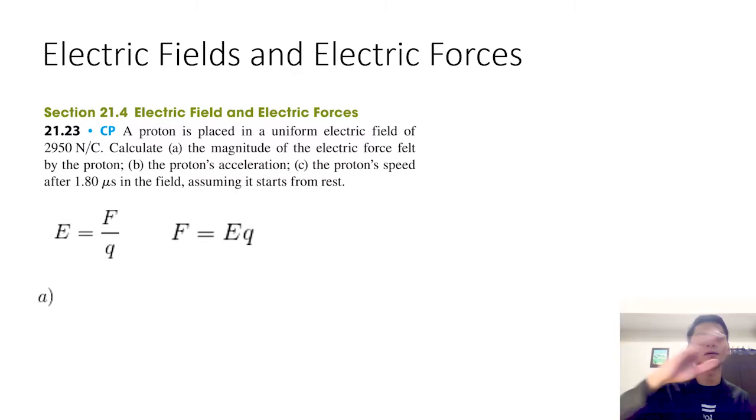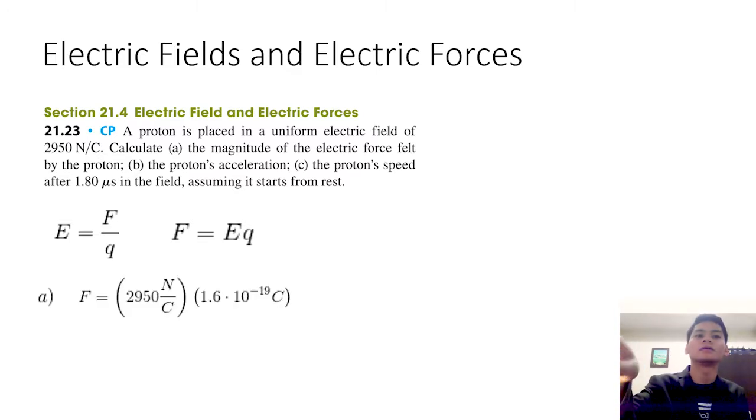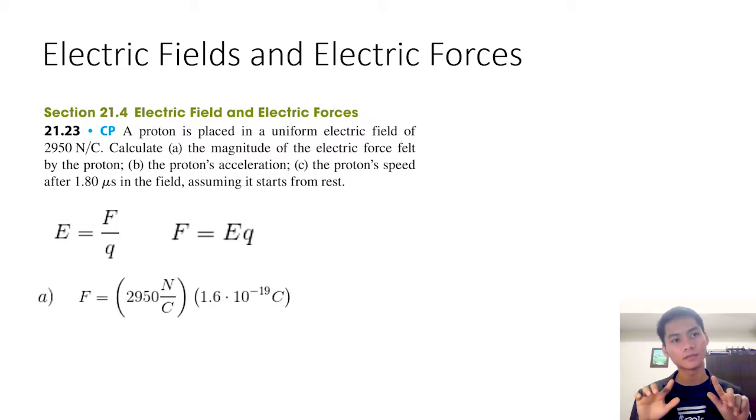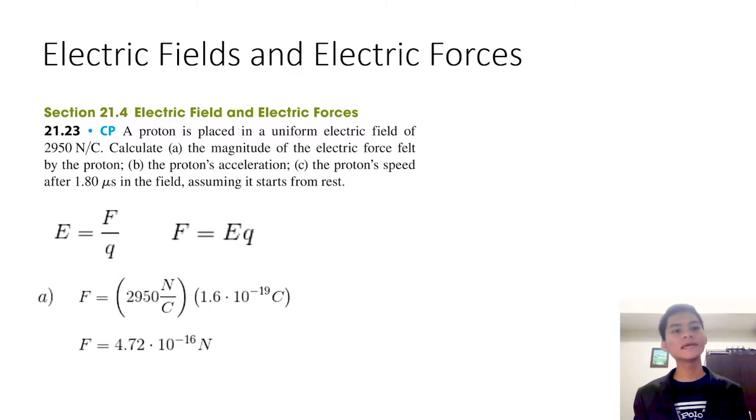And since newtons per coulomb times coulomb gives us newtons, to find the magnitude of the electric force felt by that proton, we multiply the value for the electric field by the value for the charge of the particle, which is positive 1.6 times 10 to the negative 19 coulombs. We get a value of force equal to 4.72 times 10 to the negative 16 newtons.